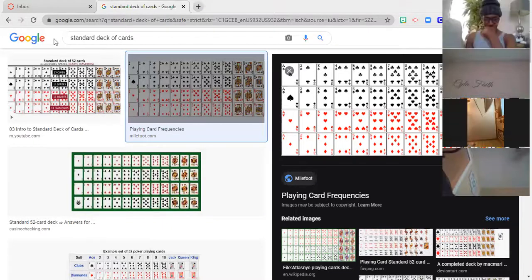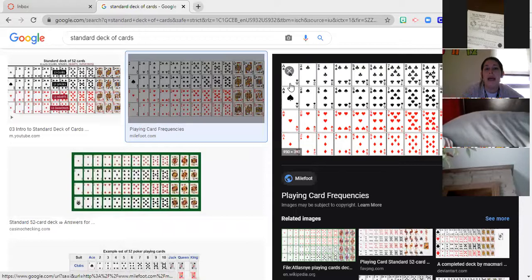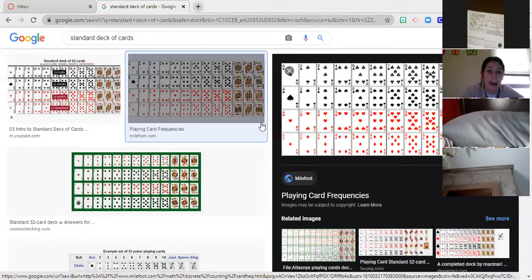Should be 13, right? So in a standard deck of cards, there are 4 suits. You have the clubs that are right here on the top, spades that are right here in the second row, the hearts, and then the diamonds. Each suit has 13 cards if you count.